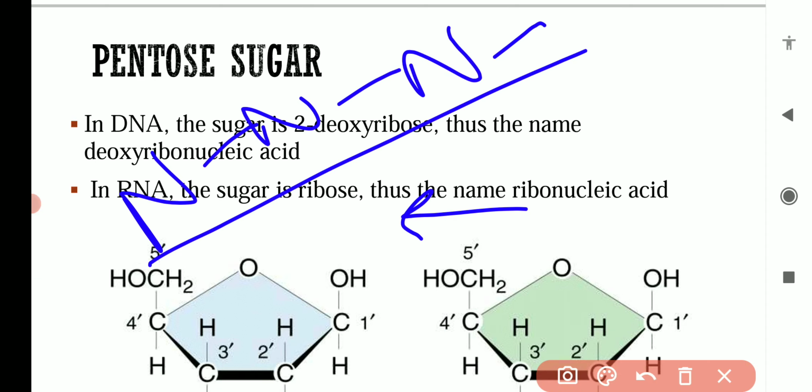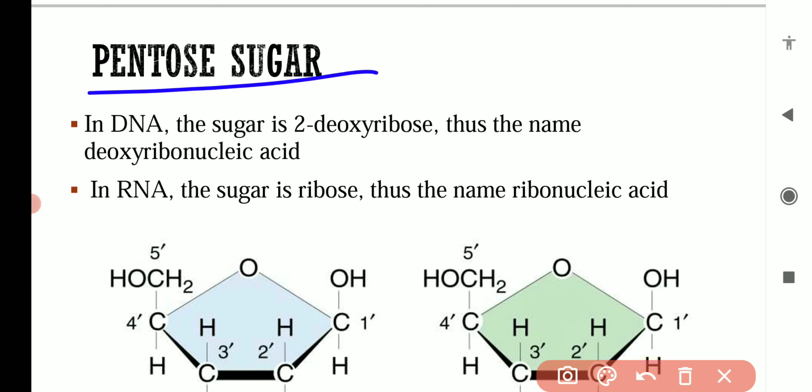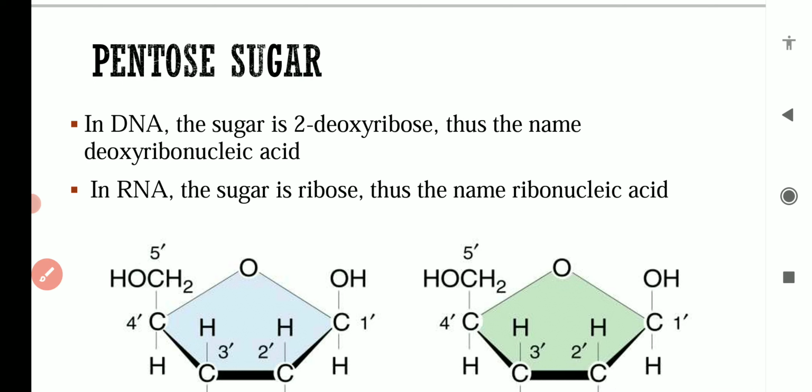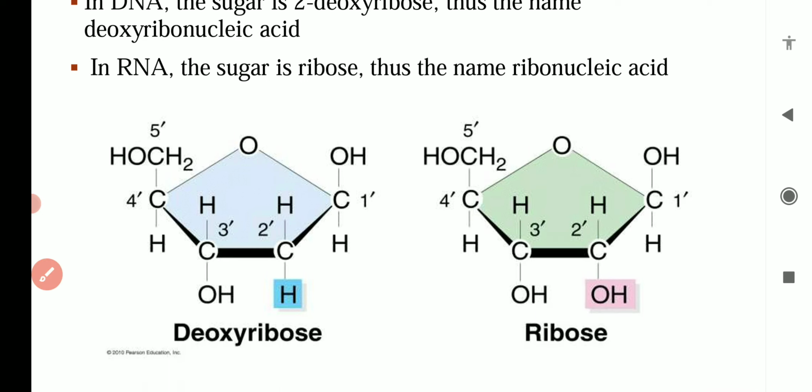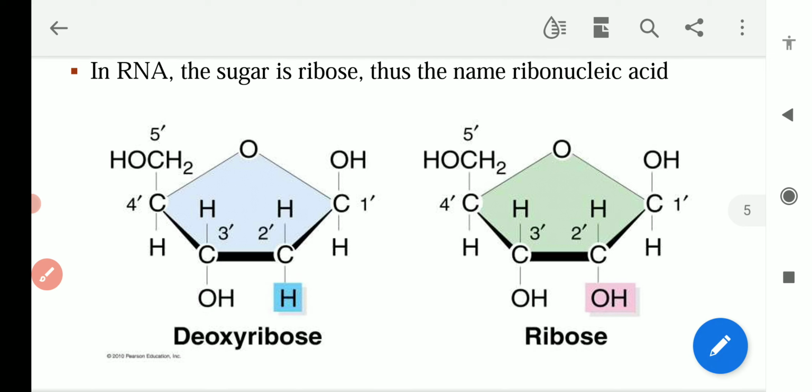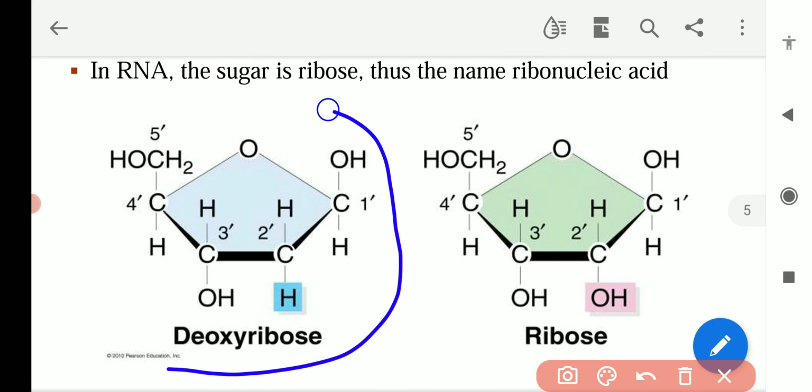Okay, so we will discuss each component. First one, pentose sugar. Pentose sugar means the cyclic sugar molecule which has 5 carbons. If you see the image, in DNA, deoxyribose sugar is present. This is the sugar molecule which is present in DNA.